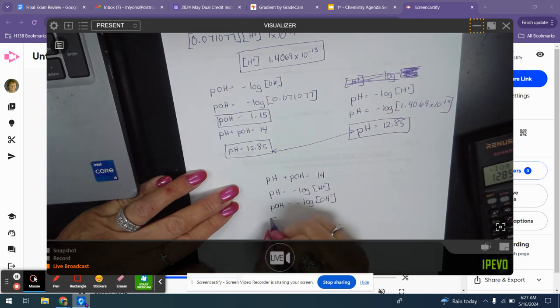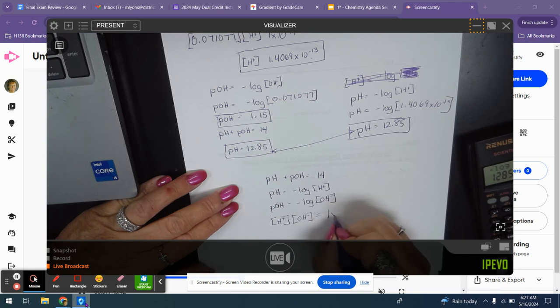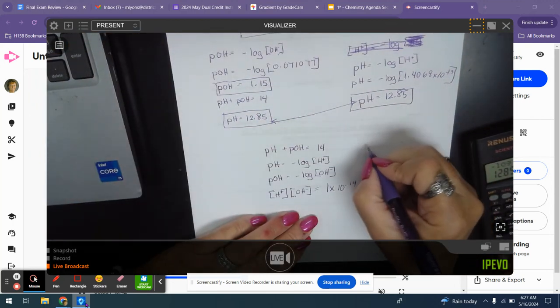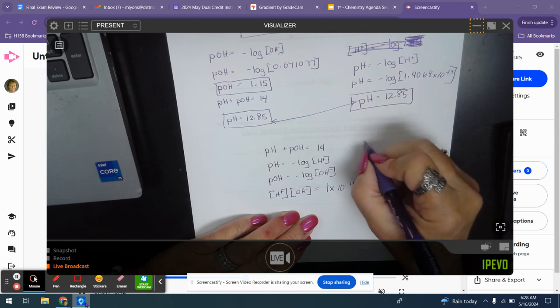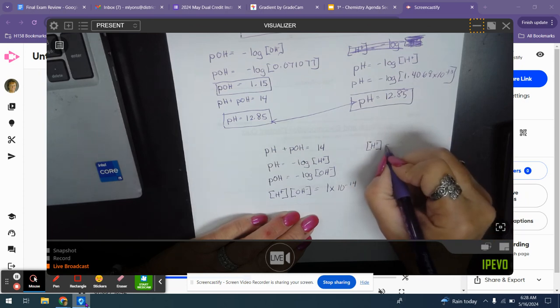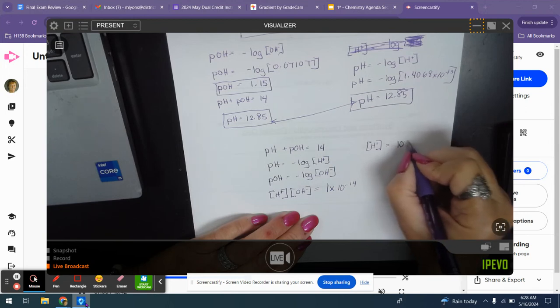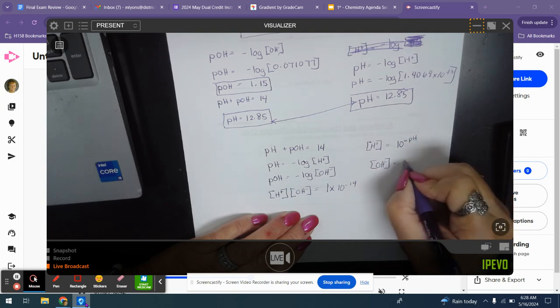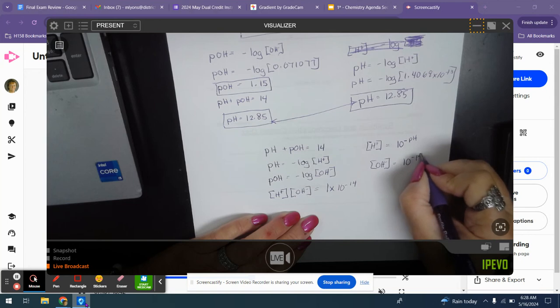Hydrogen ion concentration times hydroxide ion concentration is equal to 1 times 10 to the negative 14. Two more ways: hydrogen ion concentration is equal to 10 to the negative pH. Hydroxide ion concentration is equal to 10 to the negative pOH.